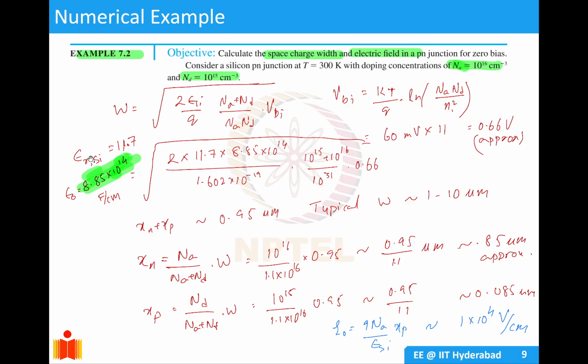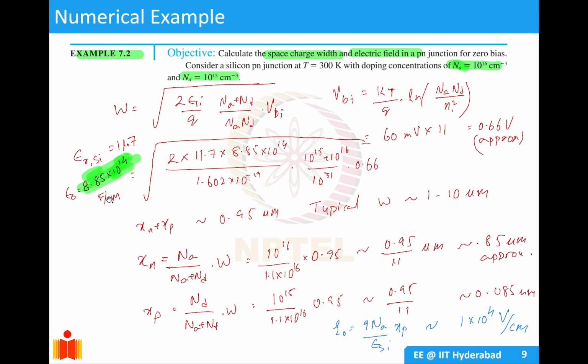So epsilon Si you can use 11.7, and epsilon naught is 8.85 into 10 power minus 14 farad per centimeter. So it's important to use epsilon naught, your permittivity of free space, in terms of farad per centimeter, because your NA and ND are in terms of centimeter.